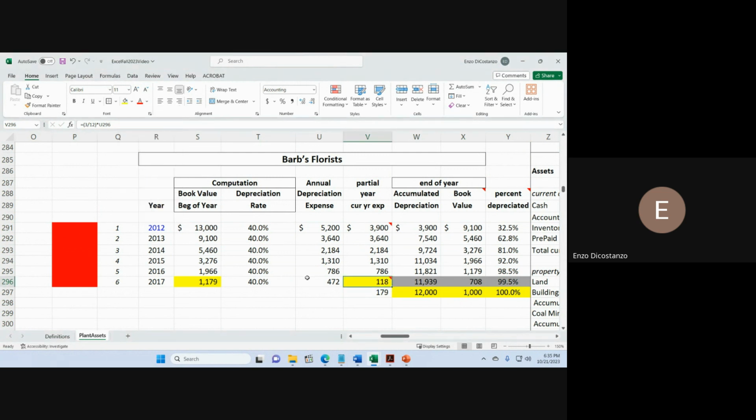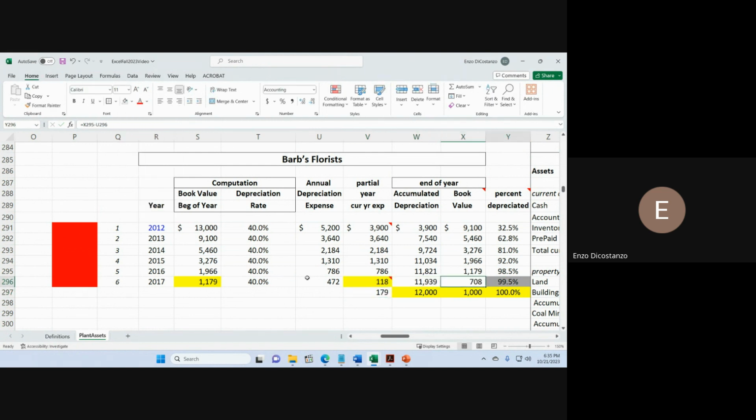That's 118. This should be 12,000 and it's not, okay? Because you use the 118 and it leaves you whatever that is, $61 short. Plus the 118 gives you 179. Right? That's what we're doing here, right? So 179 is what really needs to.